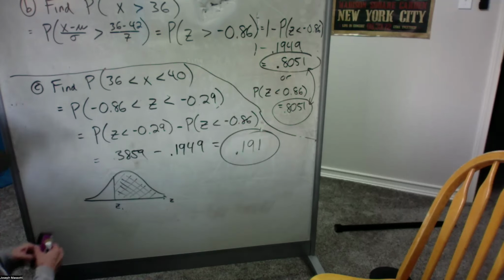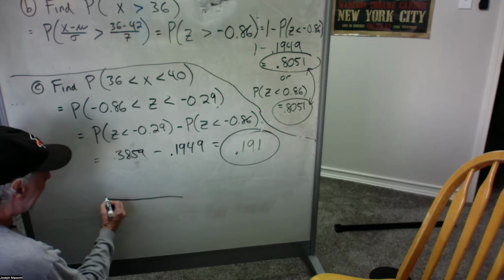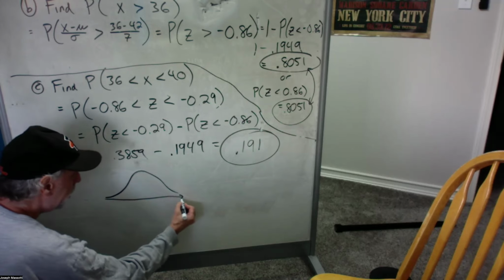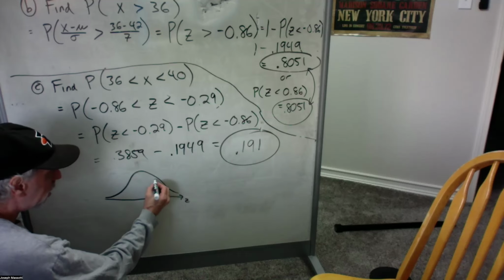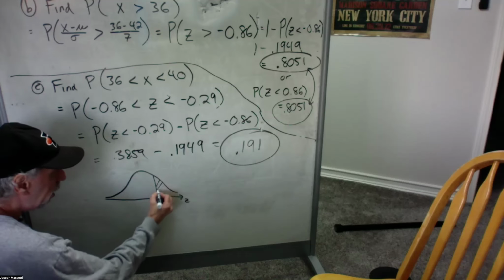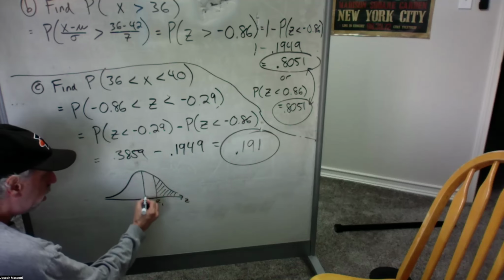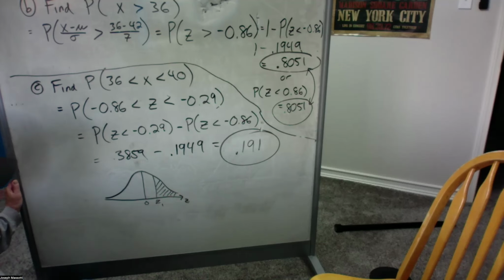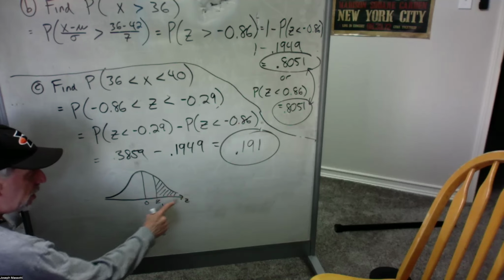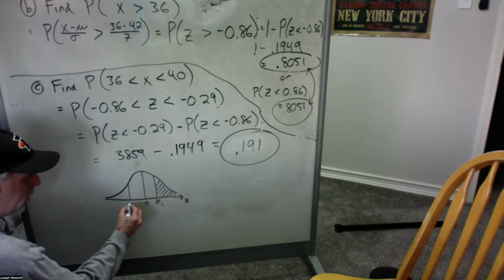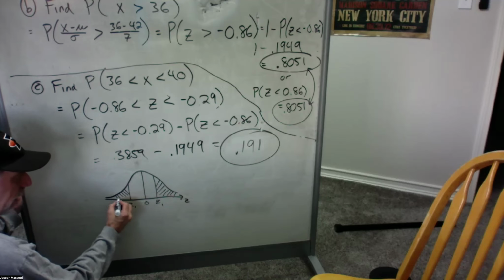Now another approach, using symmetry, and I'm just going to use a random z value. Now this only works for the standard normal, right? So once we get to the standard normal, we're looking up these probabilities. So let's say I want the probability greater than some number. Well, since I know that 0 is in the middle, the probability greater than this number is going to be the same as the probability less than the negative of that number.